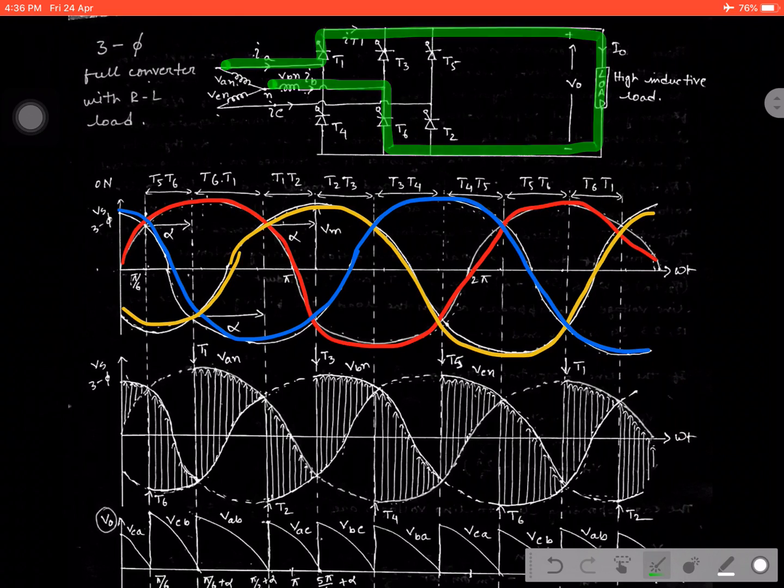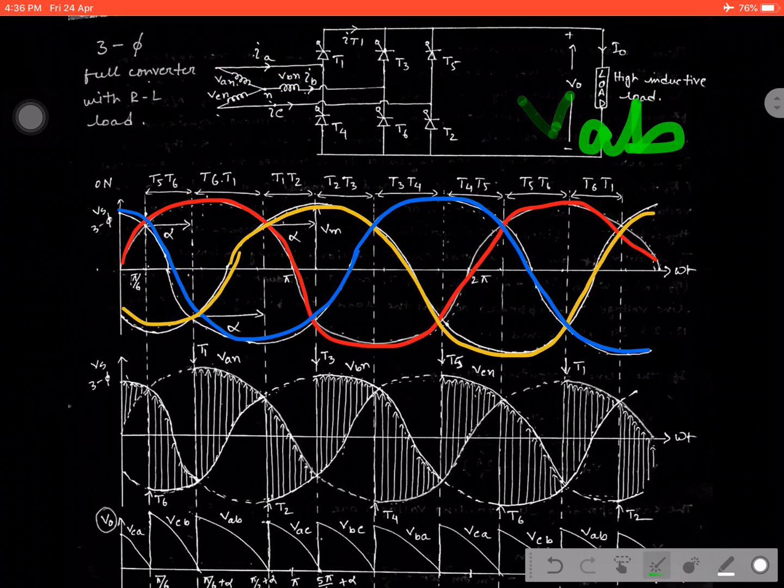That means the voltage appearing across the load will be VAN minus VBN, that means VAB. Clear? The voltage appearing across the load is defined by what type of triggering pulse we are applying to the respective switches. If T1 T6 is triggered, the voltage will be VAB. If T1 T2 is triggered, then the voltage will be VAC. Right? Correspondingly, we can apply the triggering pulse.